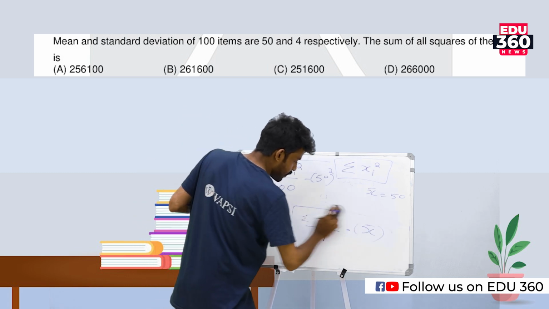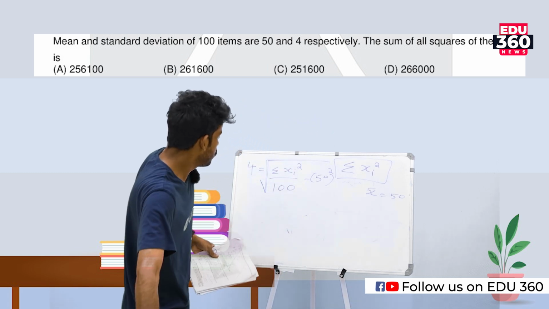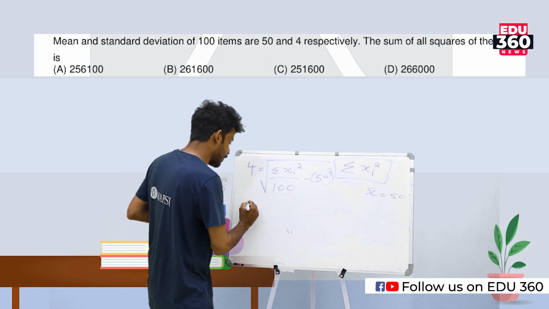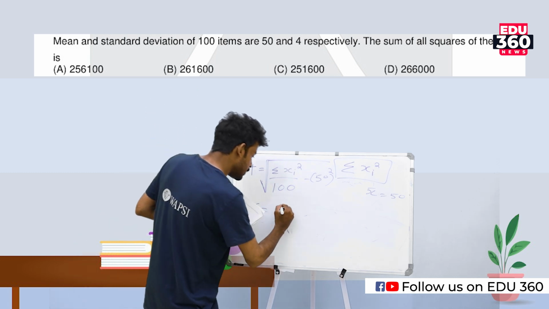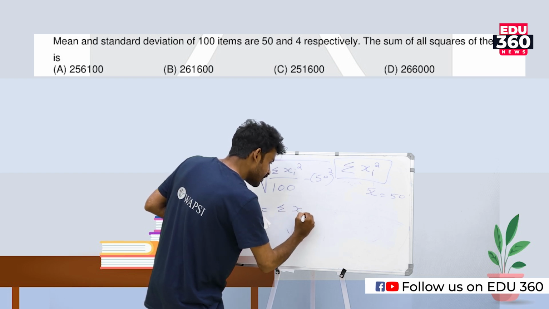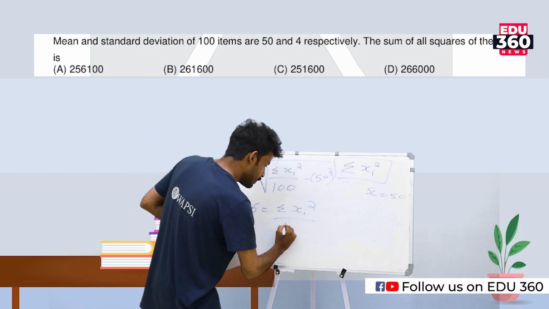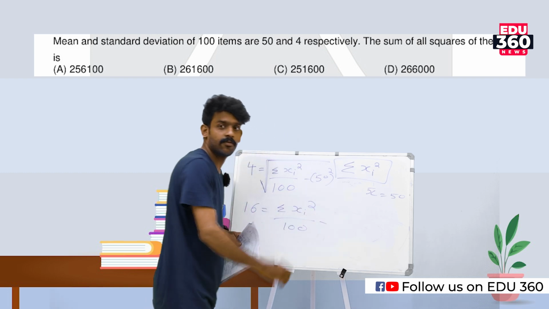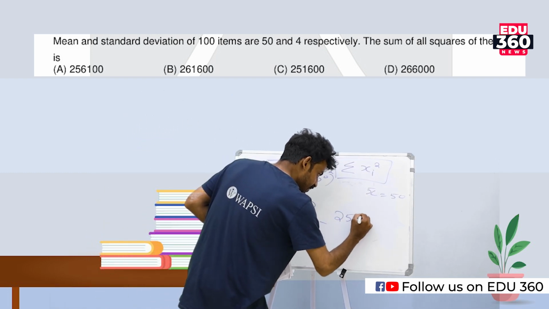On the next step, square on the left side. So 4 square is equal to 16. Here it will become sigma of xi square divided by 100 minus 50 square. 50 square is equal to 2500.